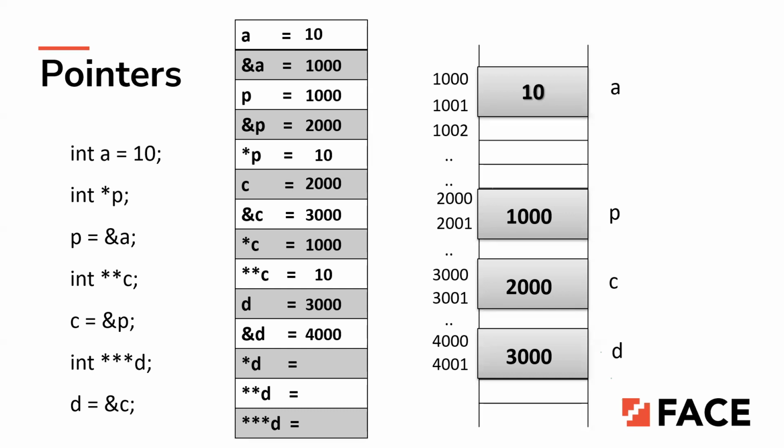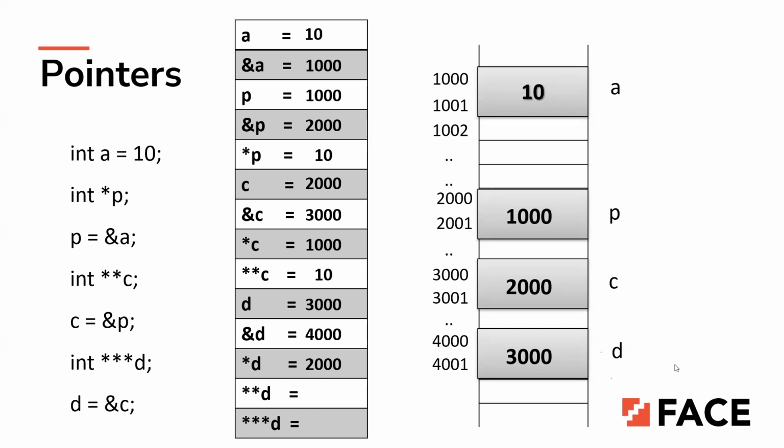Very good. Star D. Value at D. Star D means value at D. Very good. 2,000. What is star star D? Good. I can see new names coming up. That's pretty good. Shanwas is back today. Good. Devyani.